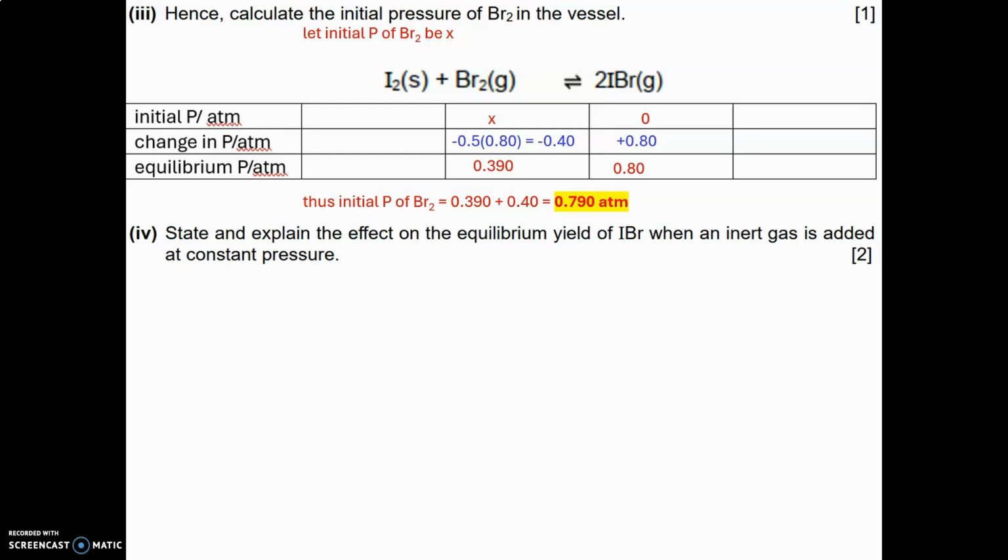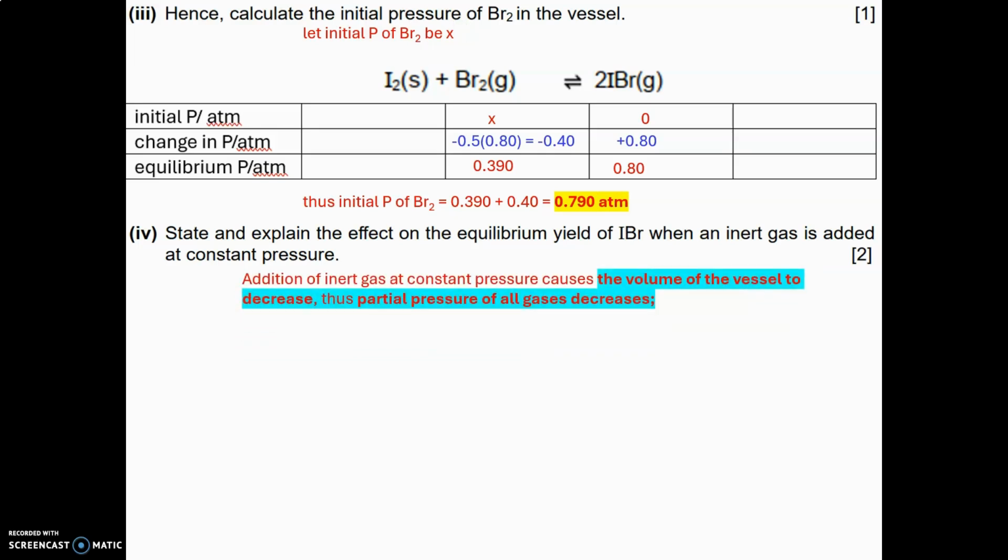Part 4, state and explain the effect on equilibrium yield of IBr when we add inert gas at constant pressure. Again, a question that has appeared in the review test before. So what do I need to see? First thing, if we add an inert gas but force the pressure to remain constant, it means that the container's volume must increase, and if it increases, the partial pressures of all gaseous species will decrease.